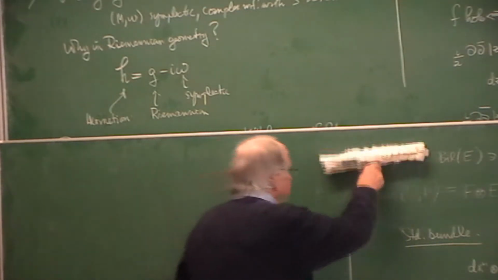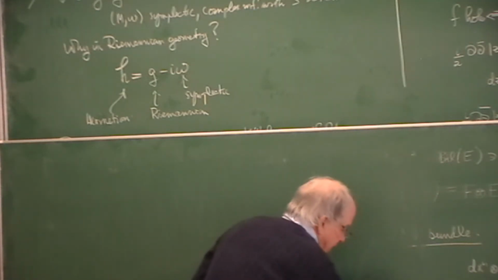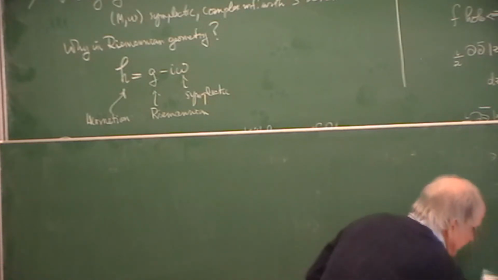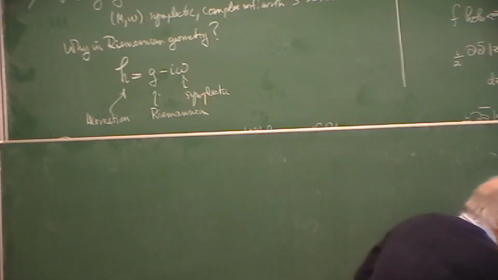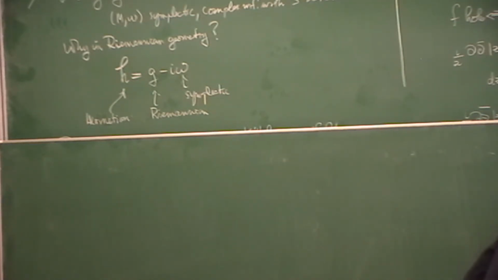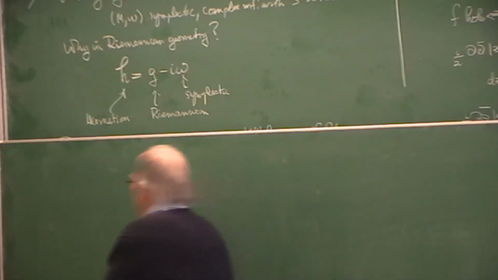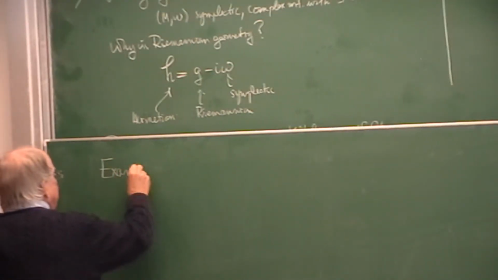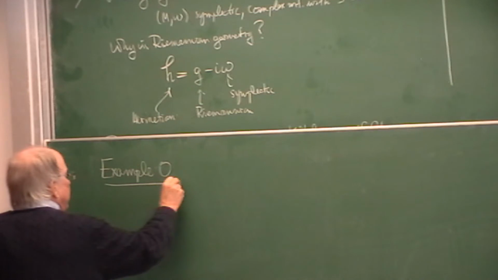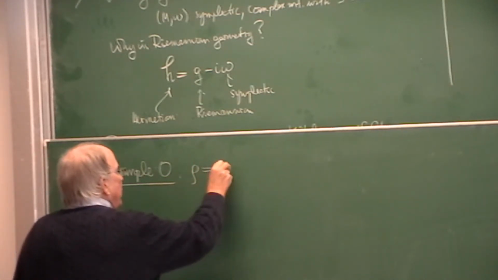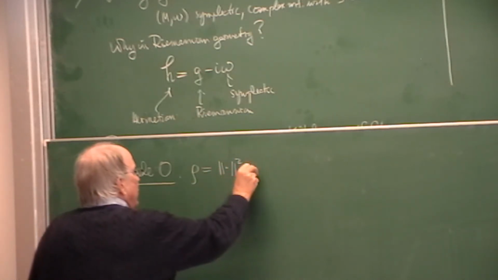So now I will attempt to explain a fundamental construction. So example 1, let's say example 0 I just made, but let me make that a little bit better. Let rho equal the norm squared on C^n.